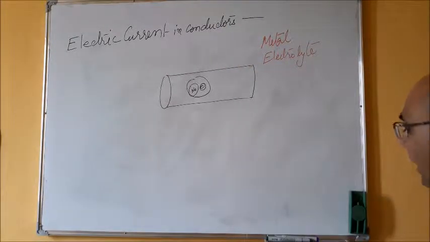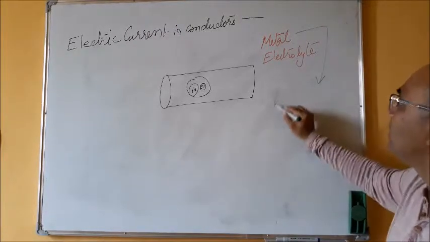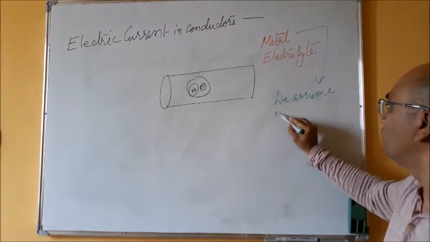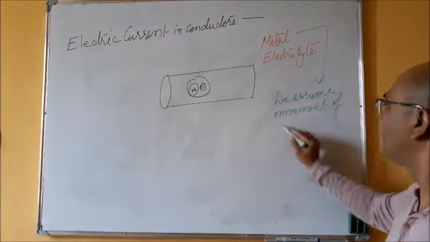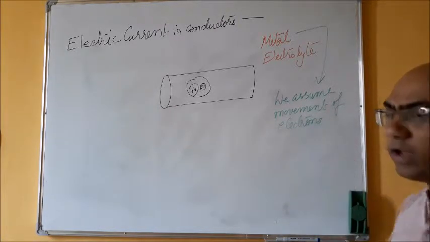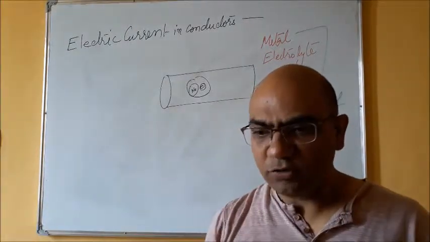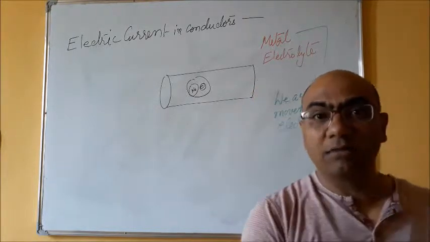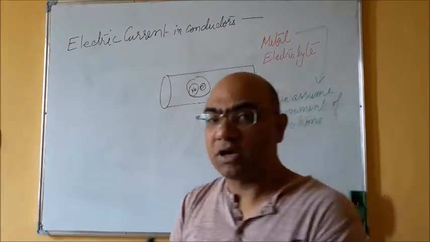In metal type conductors, we assume movement of electrons. We assume that electrons are moving. If electrons are moving, naturally the protons or positive nuclei are in the background, right? But normally we consider that electrons are moving.